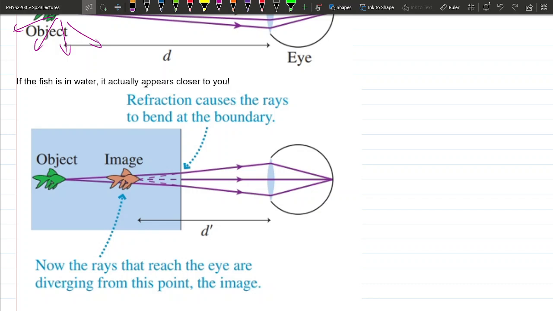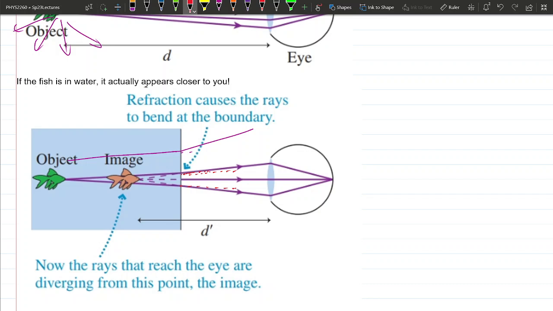I know this is hard to see. There's actually a bend in the light here. I wish the book made it more obvious. It's not going in the same direction. If it was, it would continue on this way. So there's a slight bend in this light.